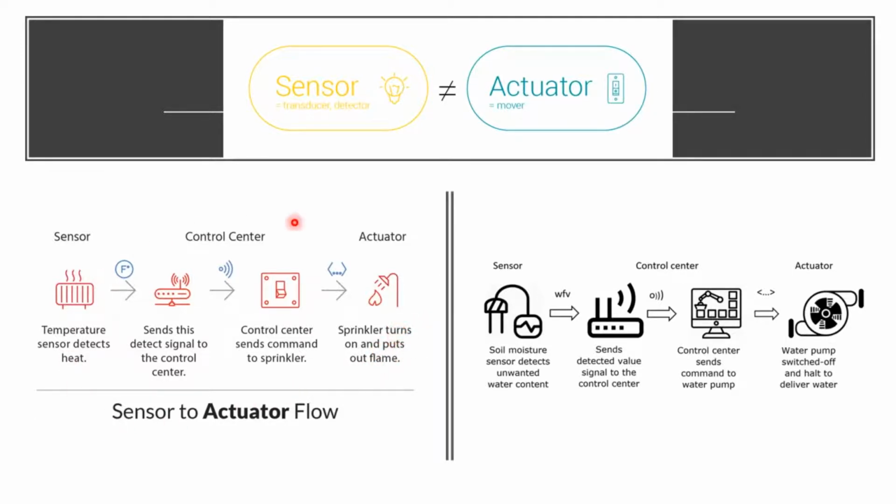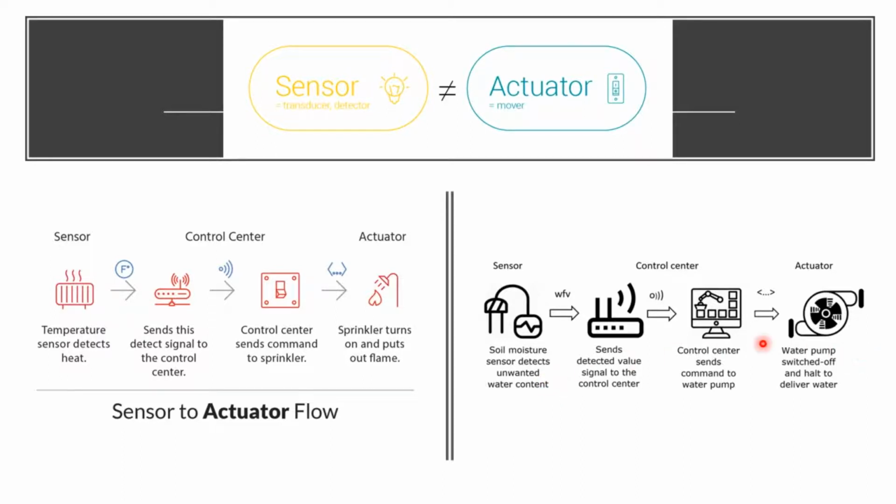So this is a simple way of explaining the sensor to actuator flow. The other example I can give you is a soil moisture sensor. Just now we have seen there are such sensors. The soil moisture sensor will detect the moisture content of the soil, and if the moisture is more than the required value, we are going to switch off the pump.